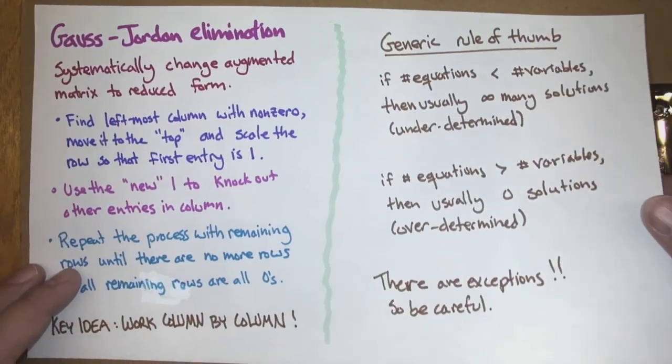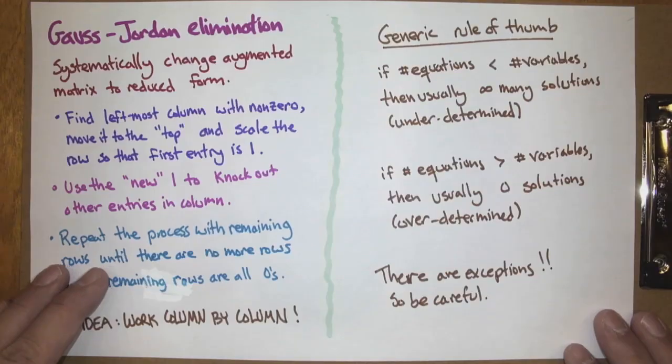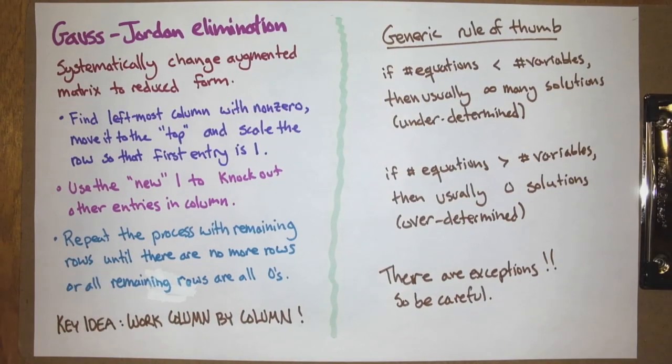All right. Well, somewhat systematically, we're going to talk about the idea of Gauss-Jordan elimination, and we've been doing it. So what's the process? The process is we want to make it look like reduced form. How do we do it?